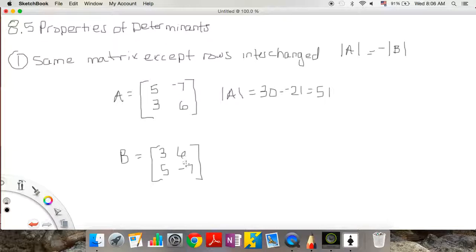So they're the same matrix except the rows are switched. So the determinant of B is negative 21 minus 30, which is negative 51. So you can see that they're the same number but different signs. So if you have the same matrix and the rows are interchanged, if you've calculated one of them, you don't have to calculate the other one because you know it should be the same except for a change of sign.